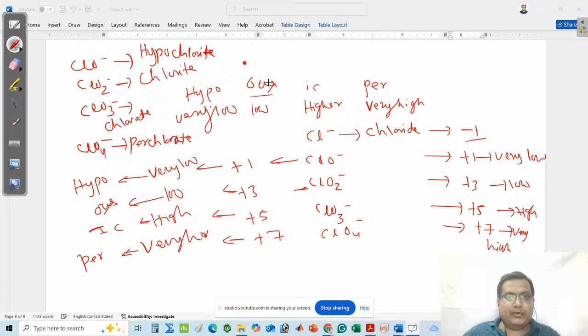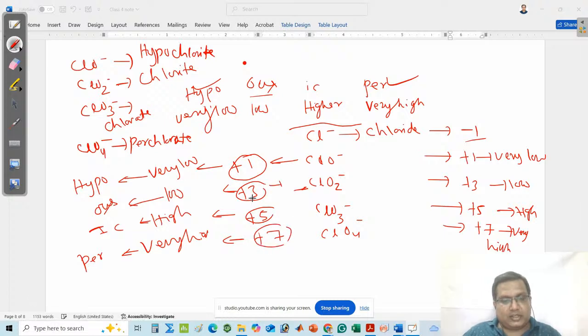Again, I will give you some explanation. That is hypo, OUS, IC, per. OUS is the lower, IC is the higher. Much more higher, that is very high, is considered as per. Very low is considered as hypo. These are the examples: ClO minus, ClO2 minus, ClO3 minus, ClO4 minus. Here the oxidation number is plus 1, this is plus 3, this is plus 5, this is plus 7. Here the lower is plus 3.